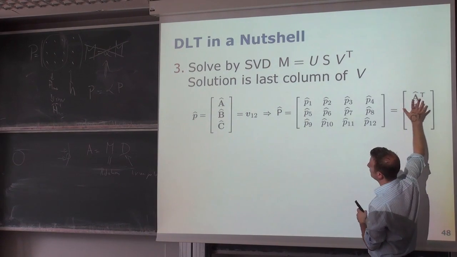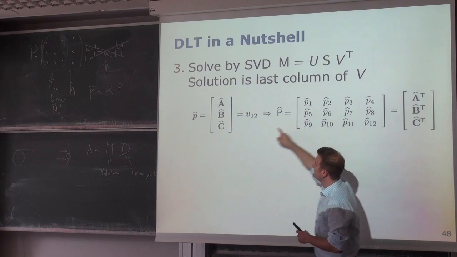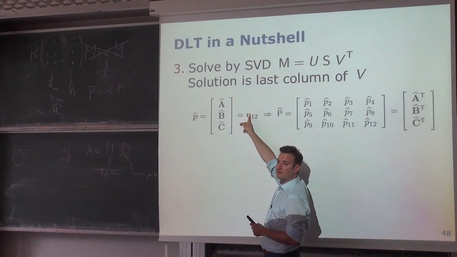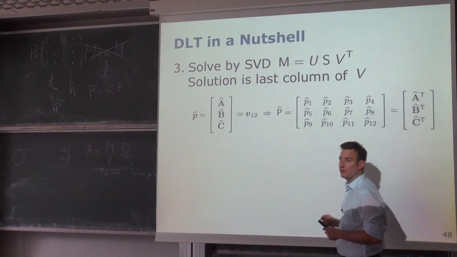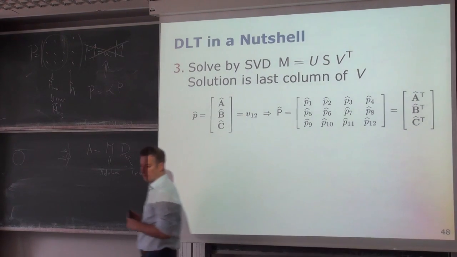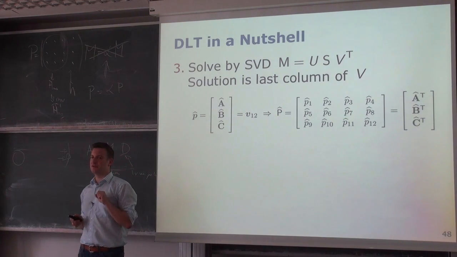There's actually something, yeah, that should be swapped, but it doesn't matter. So the elements in this matrix V correspond to those elements in your projection matrix. Third step done, you have your projection matrix.